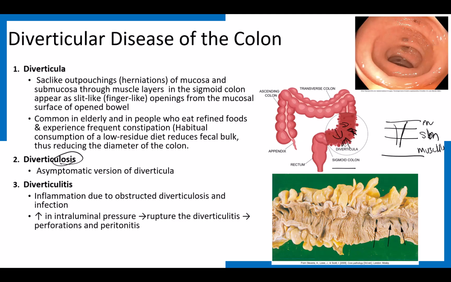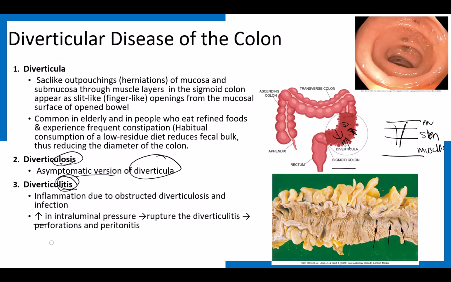Diverticulosis is basically an asymptomatic version of diverticula, and diverticulitis, again, itis means that there's inflammation because of the presence of diverticula, right? And when there's inflammation in the distal colon, in the sigmoid colon, absorption doesn't occur as much as normal.